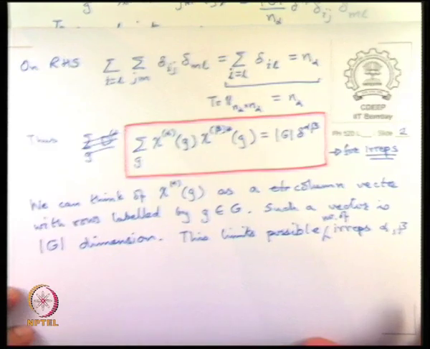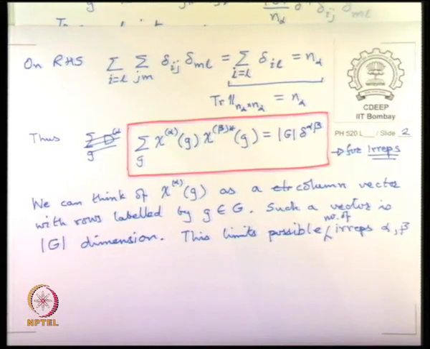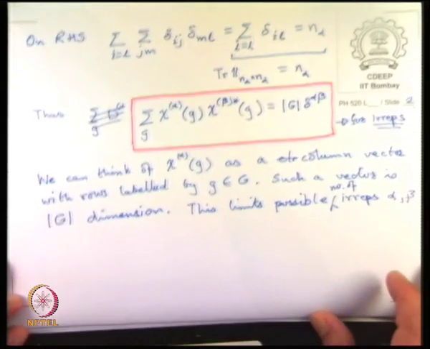By now we remember that the characters in a particular conjugacy class are the same, because under conjugate transformation the trace does not change. So characters in a conjugacy class are all the same.